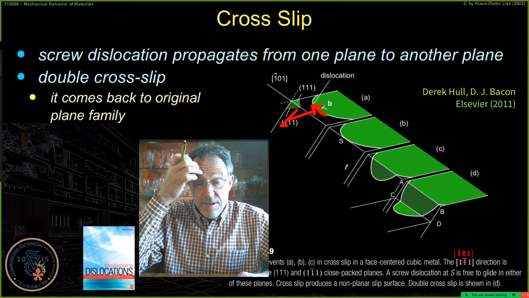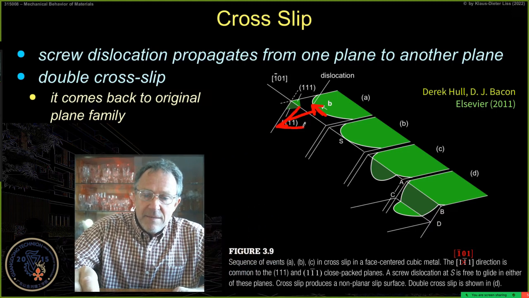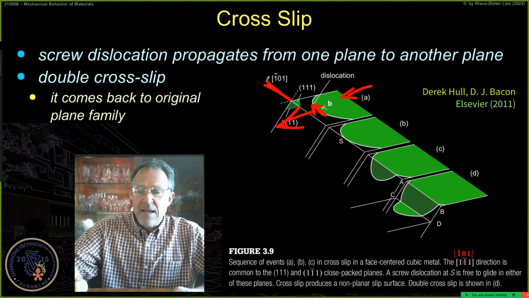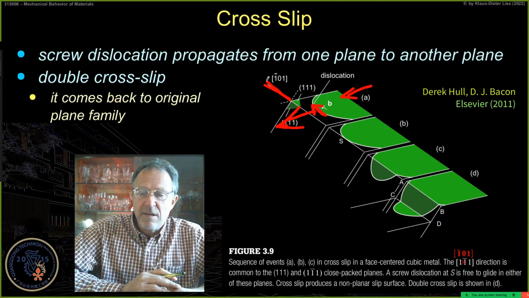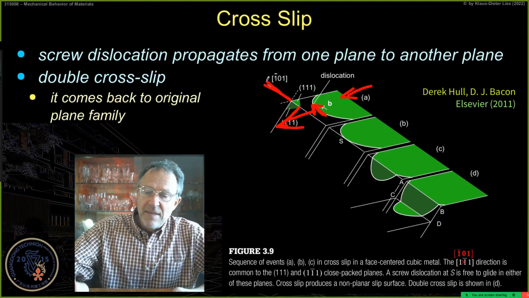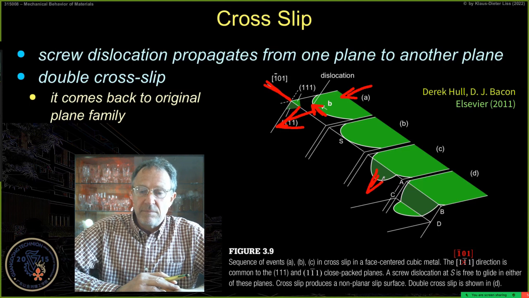So that is shown here. We have the Burgers vector and we have the movement of the dislocation line which propagates from the back here towards this edge, so towards this line. And as it reaches this line, it may be energetically more favorable that it goes down on another plane.